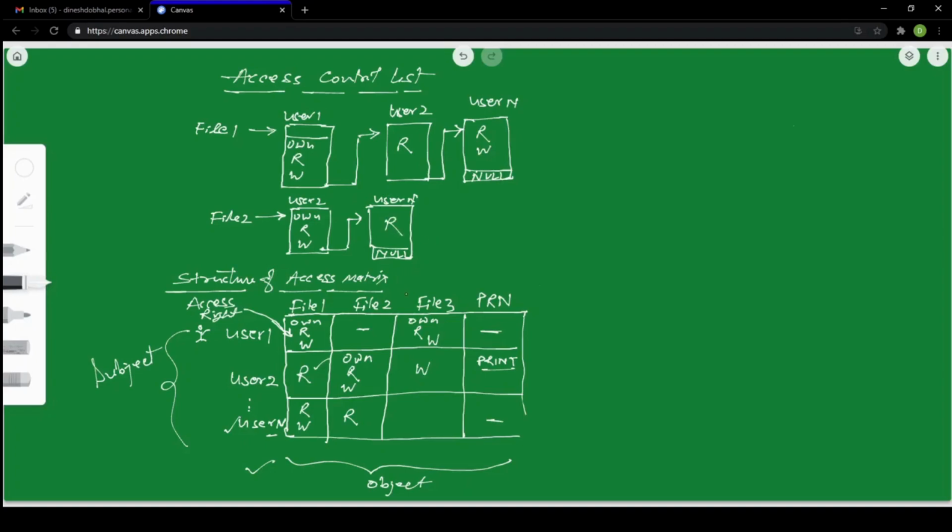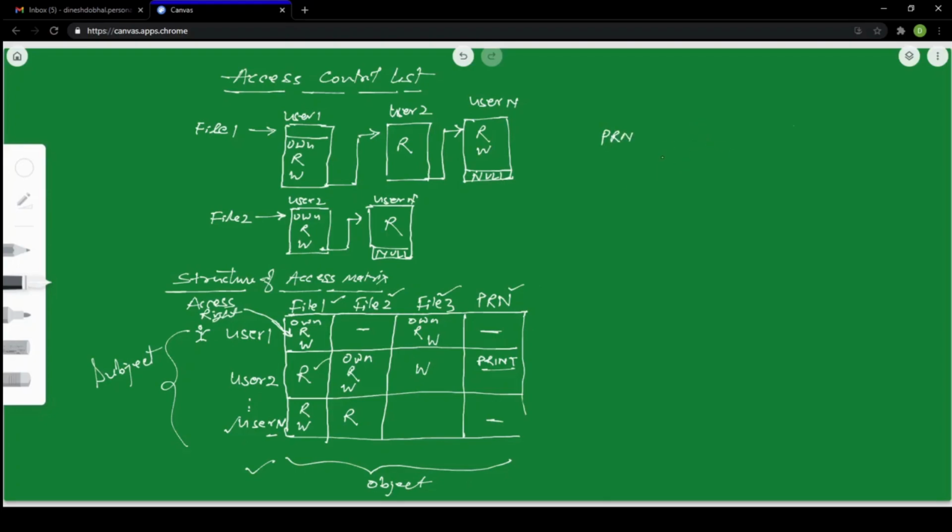In the similar way, we will have four linked lists. The first linked list was for file 1, the second list would be for the file 2, next we would have a list for the file 3, and in the last we would have a list for the object printer. Let's create the linked list for the object printer.